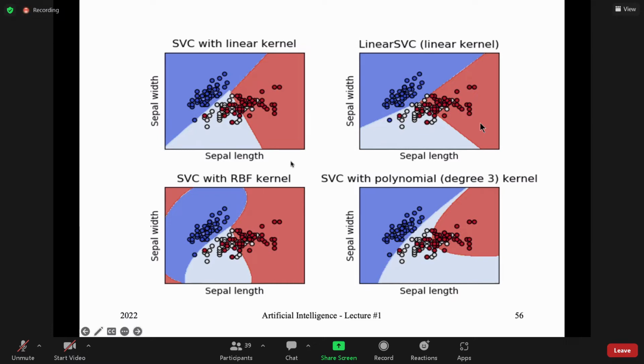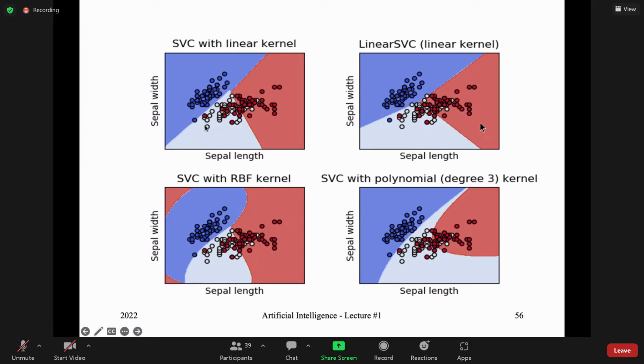And depending on what we have, we can have different results, as we can see here. Here that is with a linear space only. In this example, we consider 3 categories: flower 1, 2, and 3. Flower 1 is the blue part here, flower 2 is the red part here, and flower 3 is the white part here.